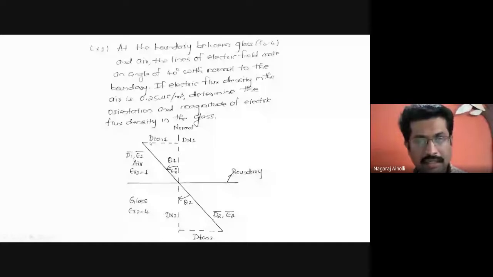Adjacent side is Dn1, hypotenuse is D1. So cos of 40 degrees is equal to Dn1 by D1.